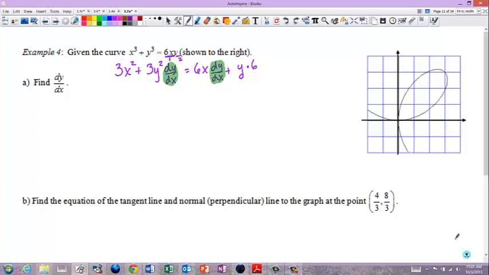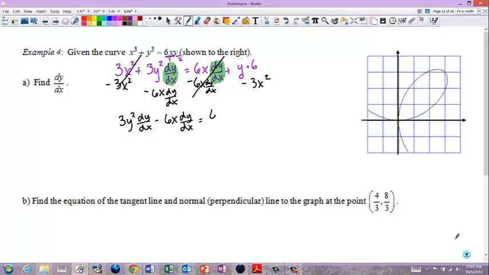So I'm going to move this to this side, and I'm going to move my 3x squared to the other side. So I have 3y squared dy/dx minus 6x dy/dx equals 6y minus 3x squared.